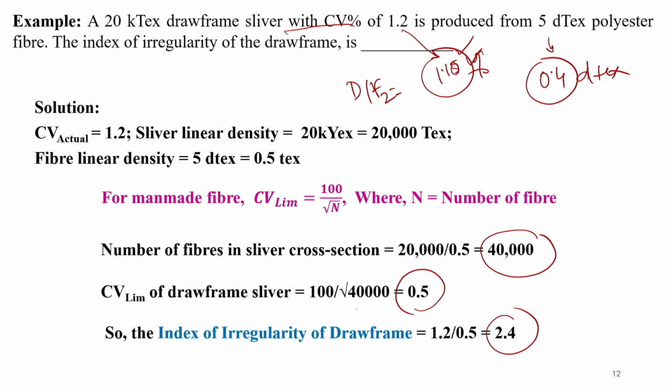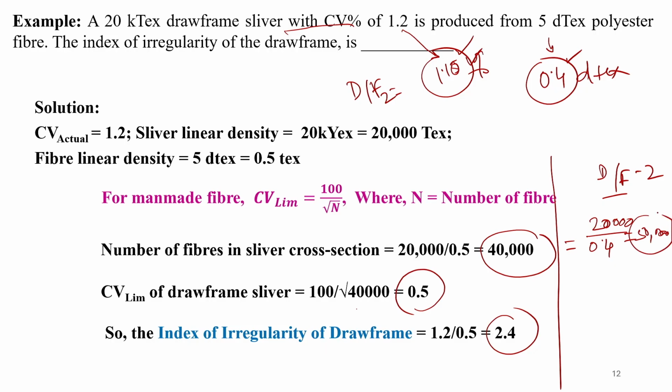Before coming to a conclusion, we must see that the fiber used here is 0.4 decitex. So, in that case we must do the calculation. For draw frame 2, the number of fibers in the cross section will be 20,000 by 0.4, so it will be 50,000 fibers.